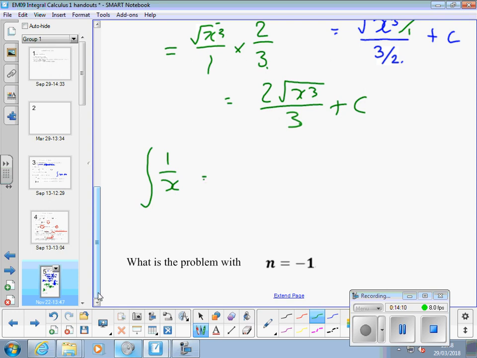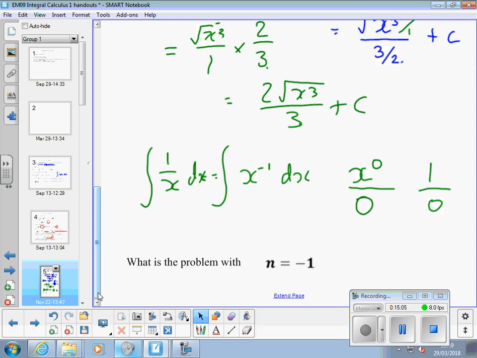We could, like we did, write that as the integral of x to the power of minus 1 dx. Now the rules, so n plus 1 is 0, and 1 divided by 0, you can't do that.